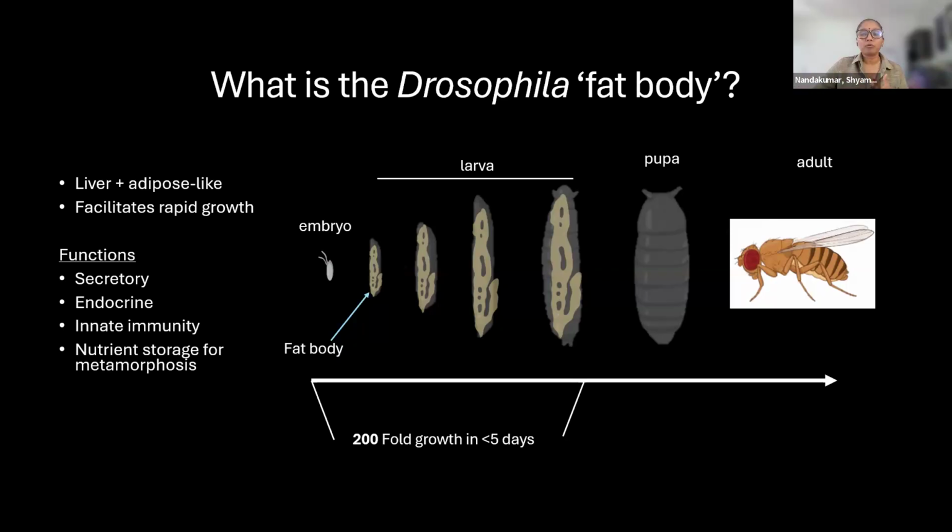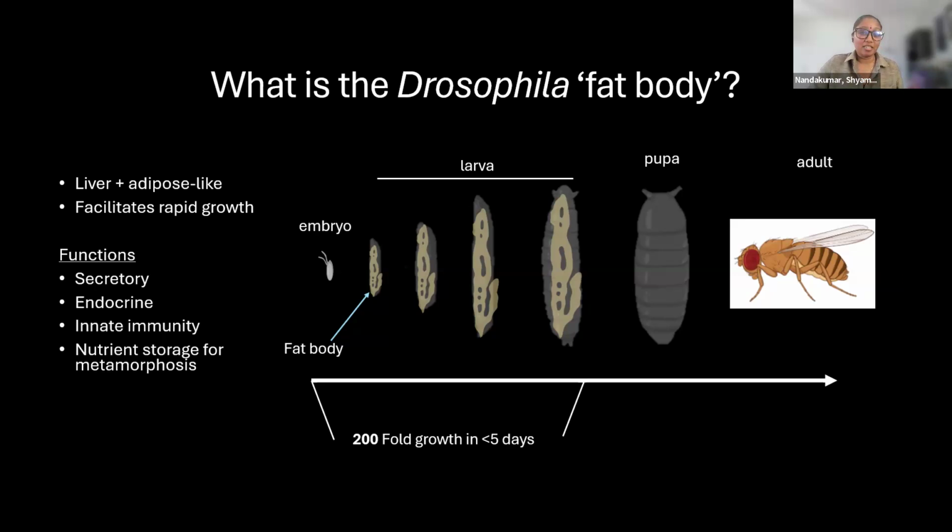The animal grows about 200-fold in less than 5 days, and most of it is supported by this tissue. So the fat body has very important endocrine, secretory, innate immune, and nutrient storage functions. And ablation of this tissue results in complete lethality of the animal.